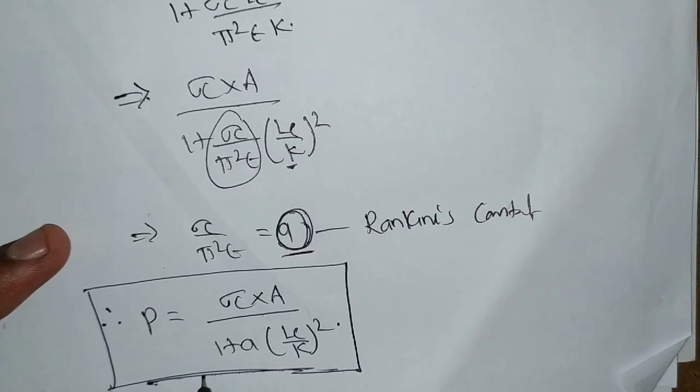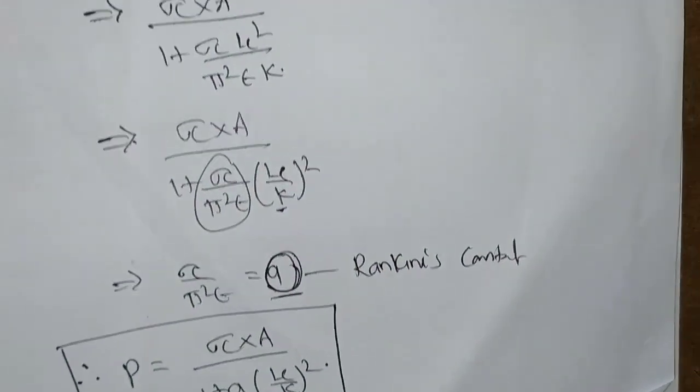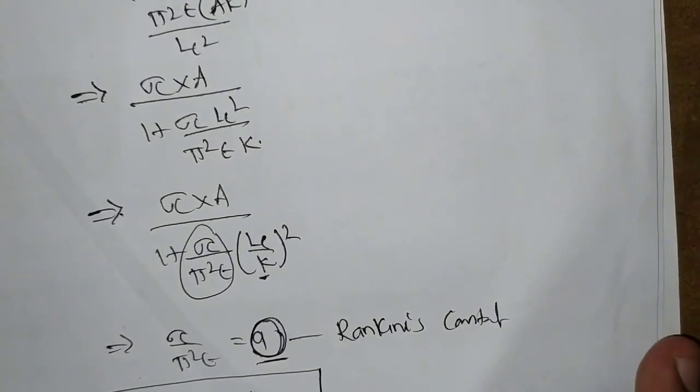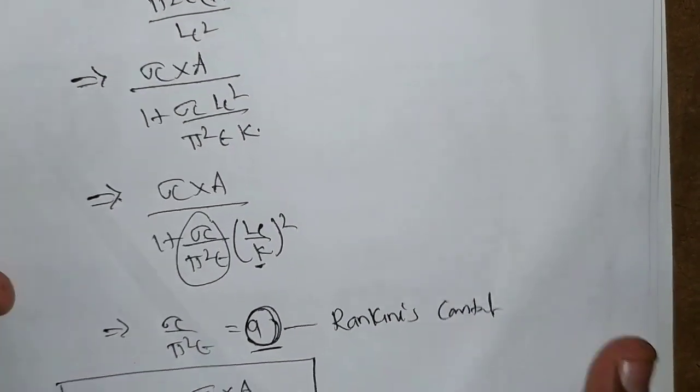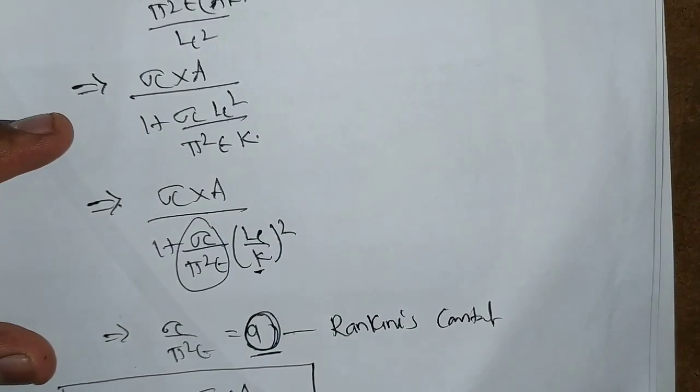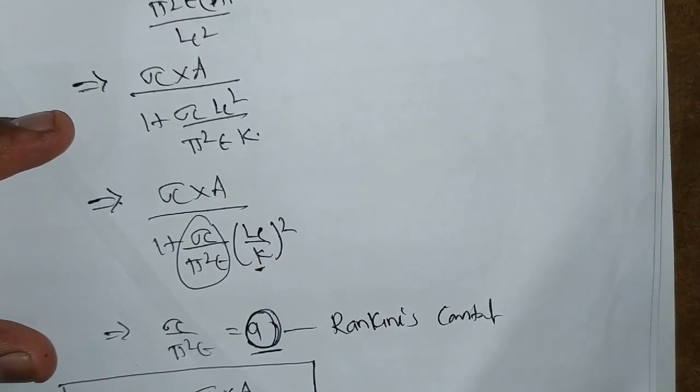With respect to Rankine's formula we have to derive some conditions. Before going to the Rankine's formula problems, we will discuss some basic values. Sigma C is nothing but the ultimate crushing stress, and a is nothing but Rankine's constant.